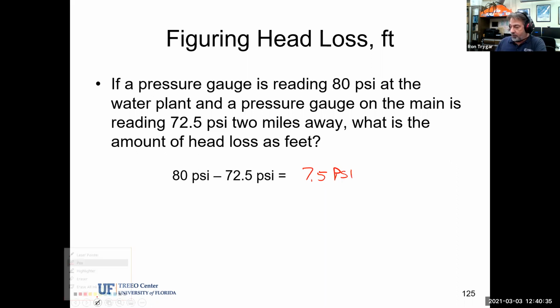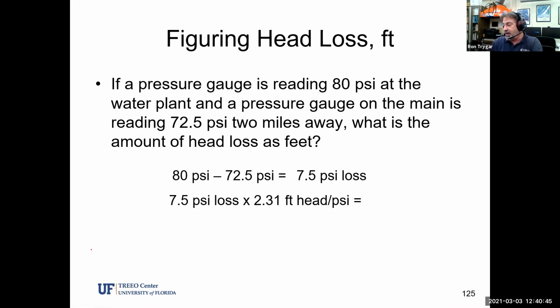When I populated my slide, it went right over top of that, so let's go back to this. So 7.5 PSI loss, which we know is good. The next thing we do is convert the PSI into feet by using the 2.31 feet of head per PSI.